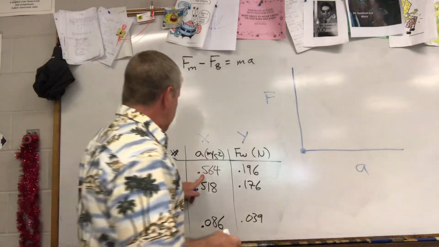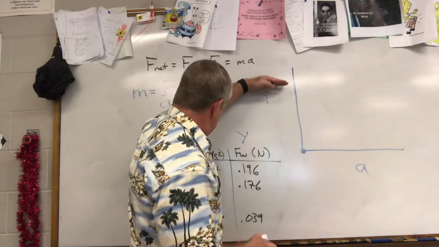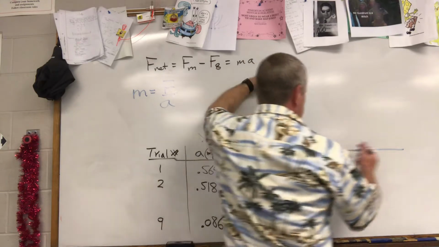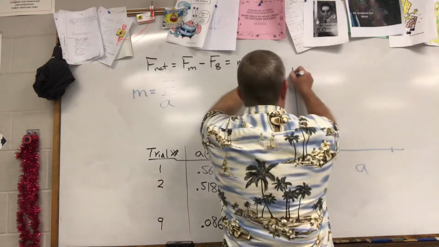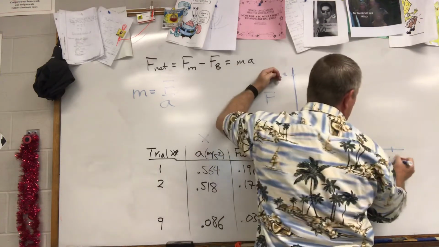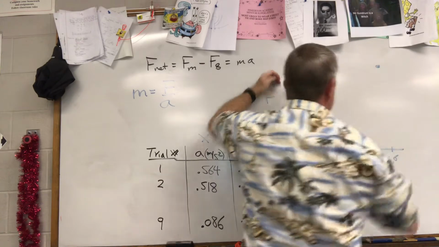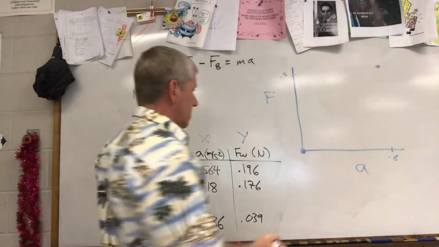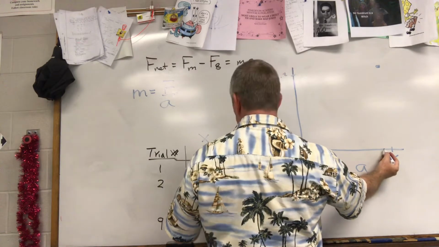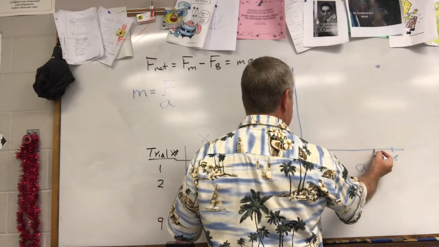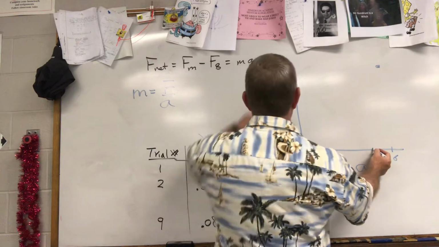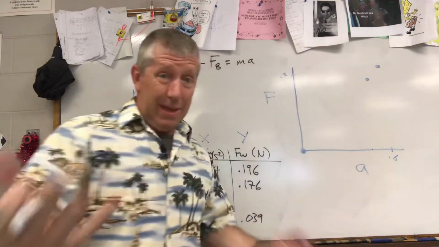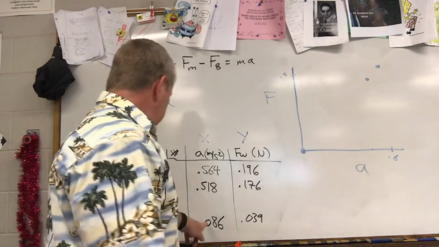For 0.6, maybe that's 0.2 and that's 0.6. So I got a point out here. For the second one, 0.518, if that was 0.6 and that was 0.8, so 0.5 maybe is like here, and 0.17 is like here. All right, maybe something like that. And this last point down here, 0.9.